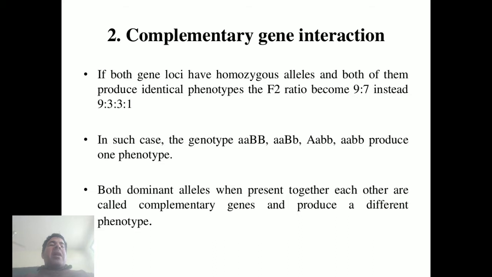Next, complementary gene interaction. If both gene loci have homozygous alleles and both of them produce identical phenotype, the F2 ratio becomes 9:7 instead of 9:3:3:1.